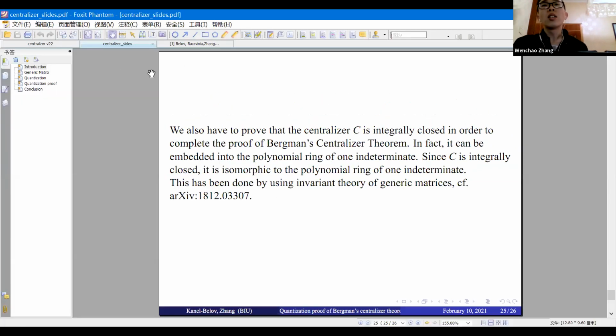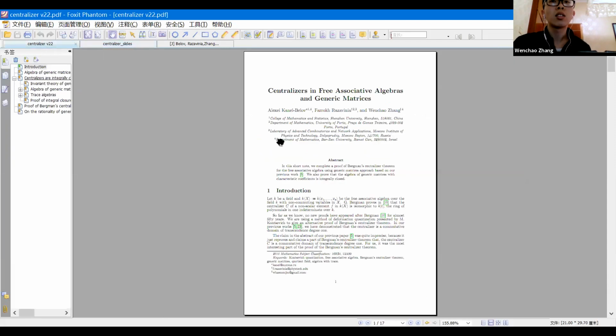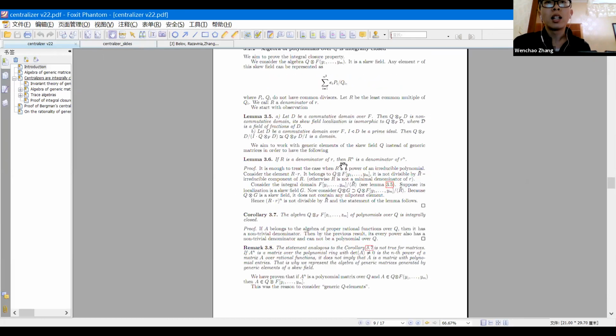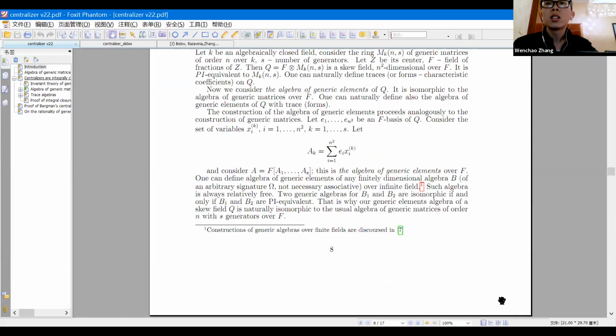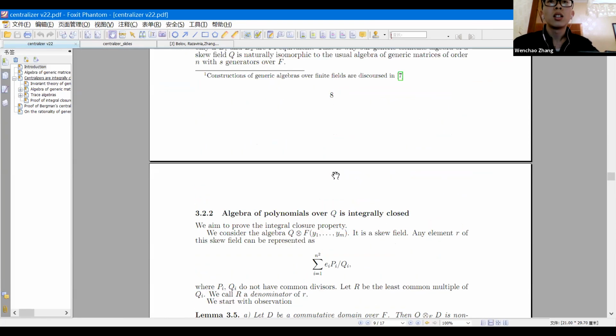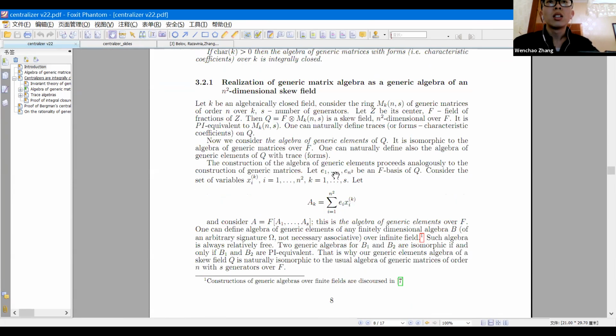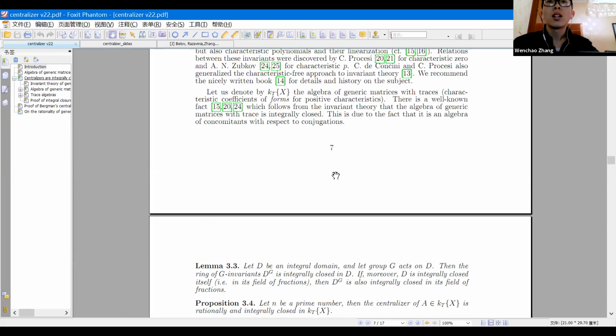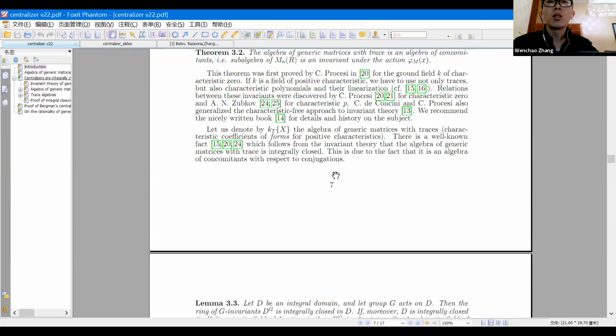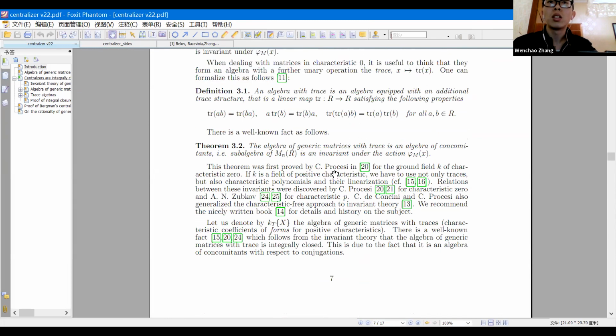So we have another part to show this integral closed, and let's show this in this way. Sorry. Okay. But we need some more things about the invariant theory of the matrices.